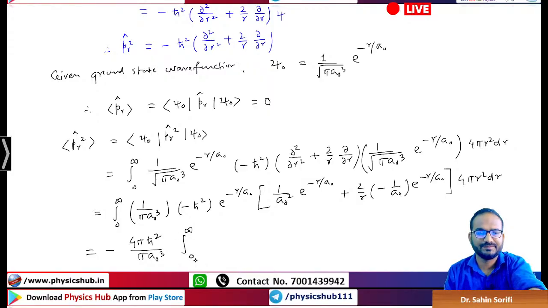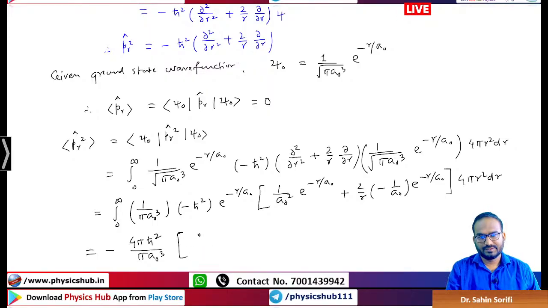One integration will be, let's say, 1 upon a naught square, 0 to infinity, e to the power minus r by a naught times e to the power minus r by a naught, so e to the power minus 2r by a naught, and this r square dr. Okay, this will be the first integration.